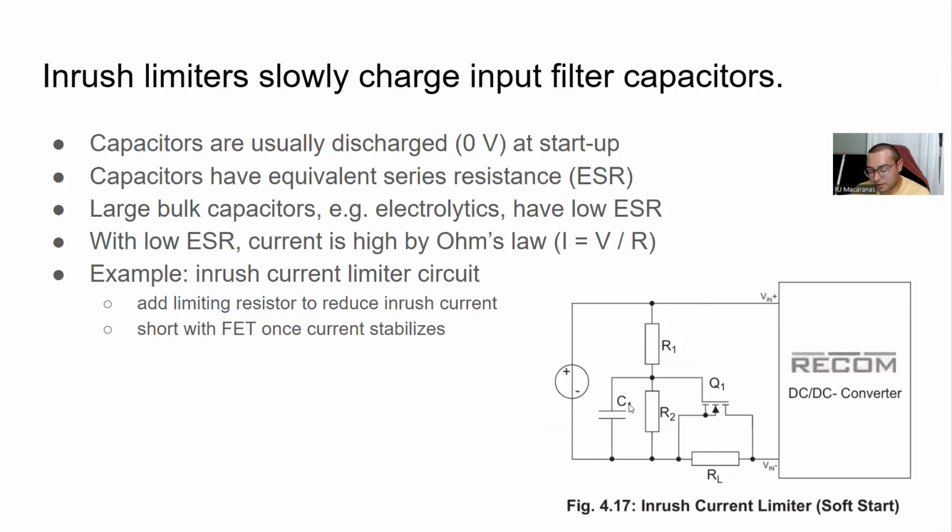And over time, the capacitor will charge up, and the voltage at the gate of this MOSFET will eventually reach the threshold value of this MOSFET, at which point this MOSFET will conduct, right? It'll be like a switch that's switched on, and it'll short out this current limiting resistor, effectively getting rid of it in the circuit. It's just being shorted out there, so it's being ignored. And that's how this inrush current limiter works, basically.